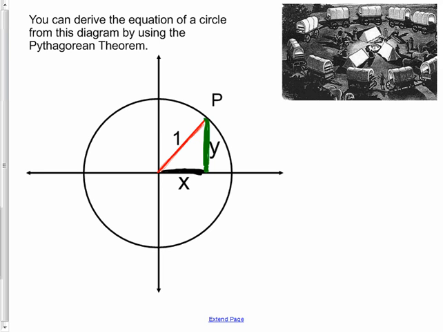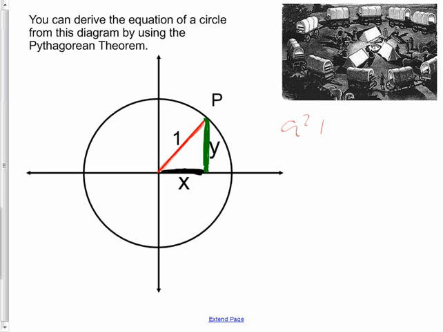All right, so now, if you're going to get the equation for it, tell me something that would have to be true about x and y. The triangle, right? This formula should just be screaming out to you right now. Yes. x squared plus y squared equals radius.